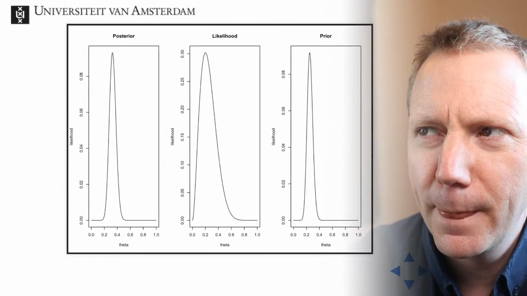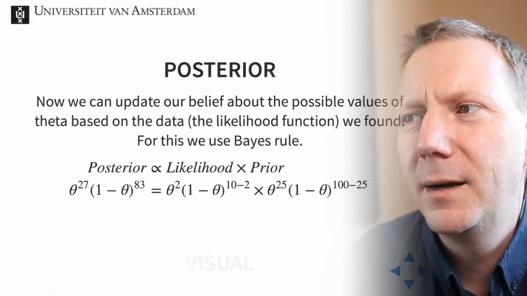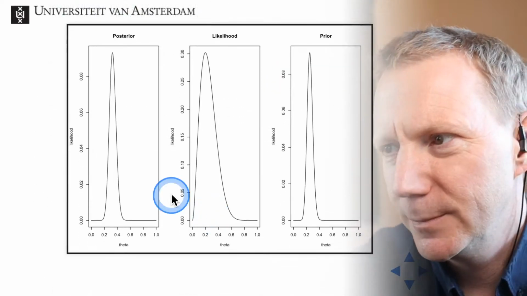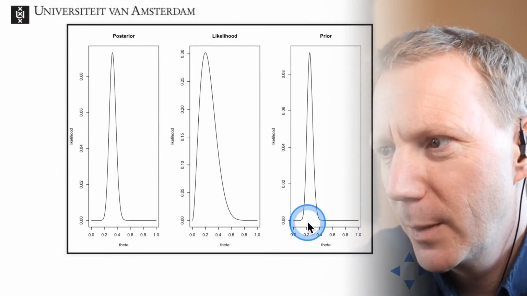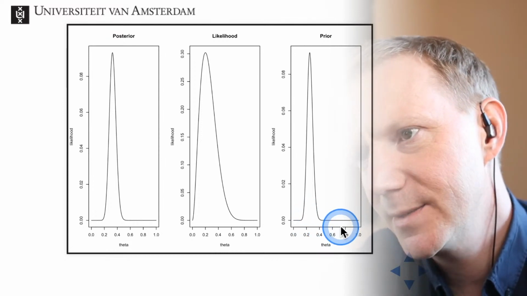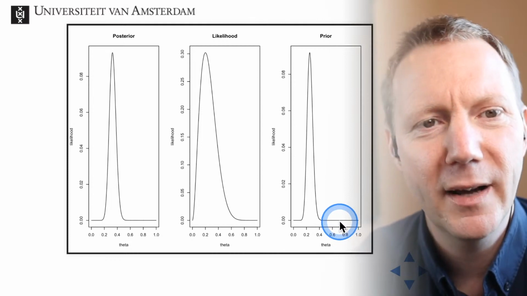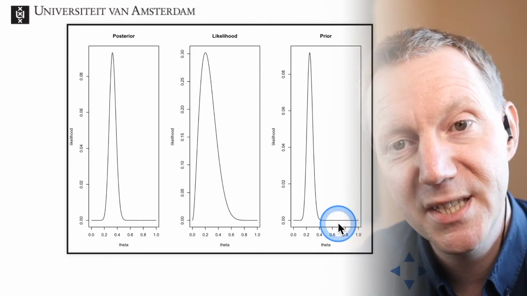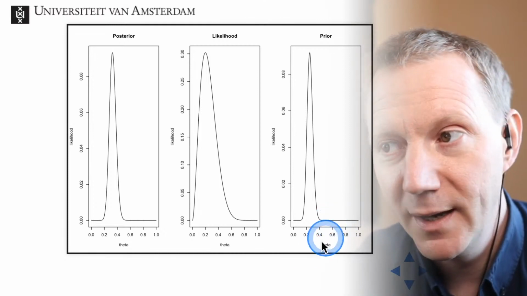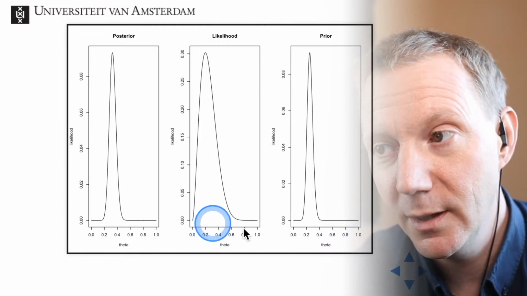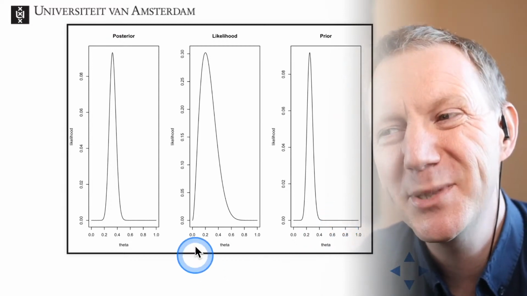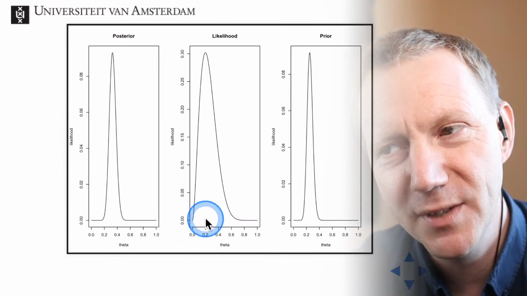So my initial belief is totally off, because in reality it's 0.68. And even if I have a theta of 0.68, it sometimes happens that I throw 2 times out of 10.